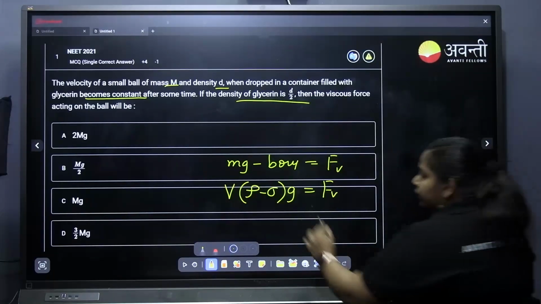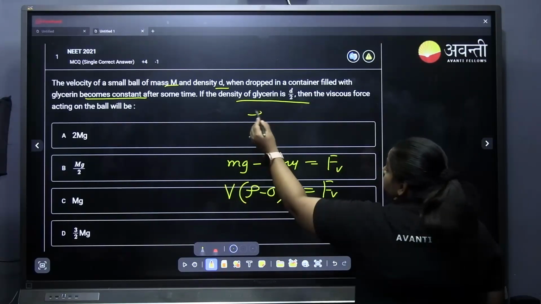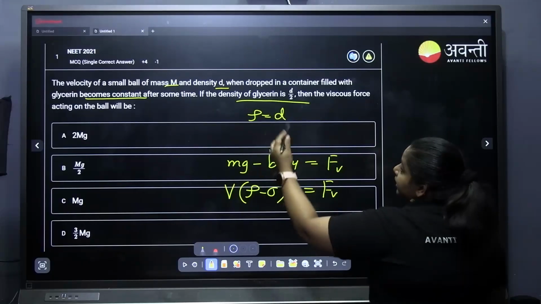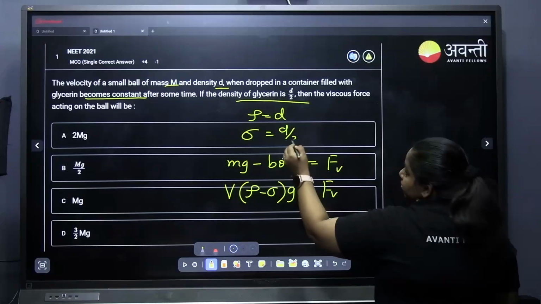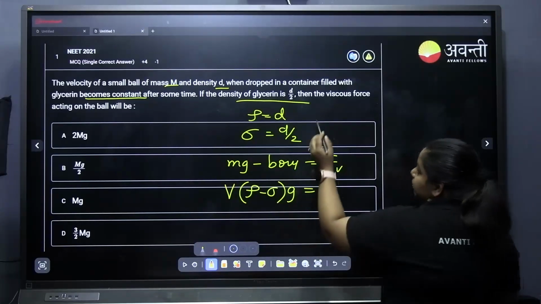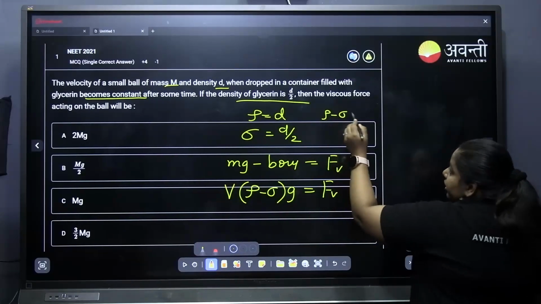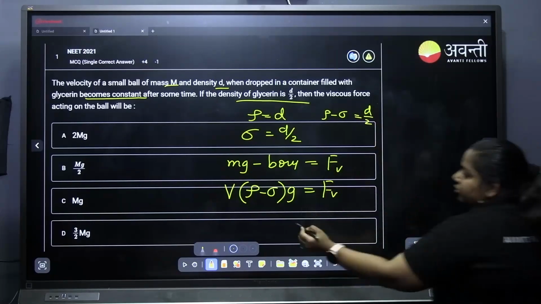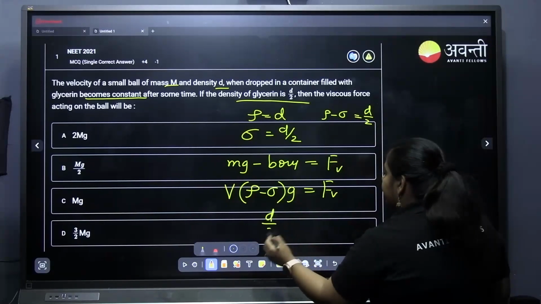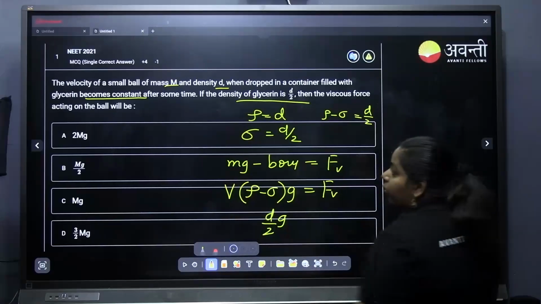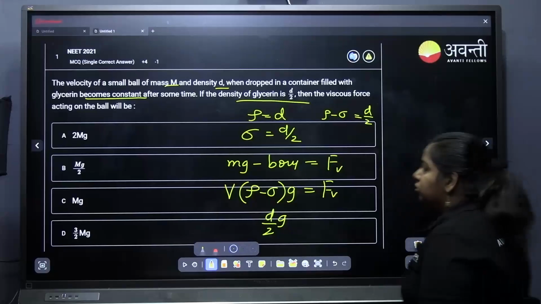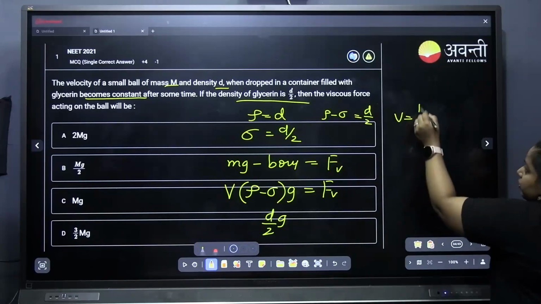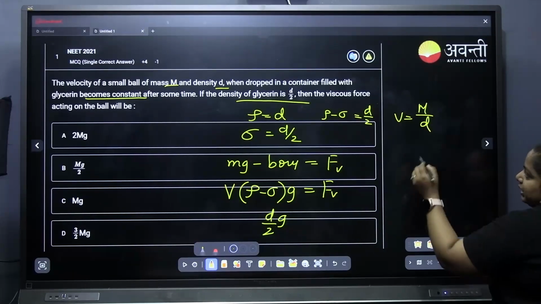Okay, so what we need is this. Rho is given as d, density of the material. Sigma is given as d by 2. So rho minus sigma we already have as d by 2. So this will become d by 2 g. Now volume is not given, density and mass are given.